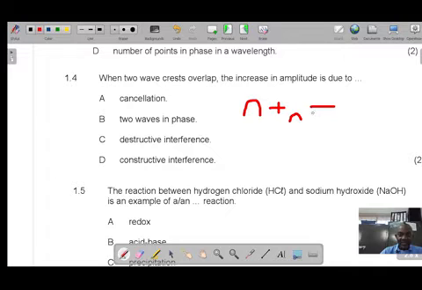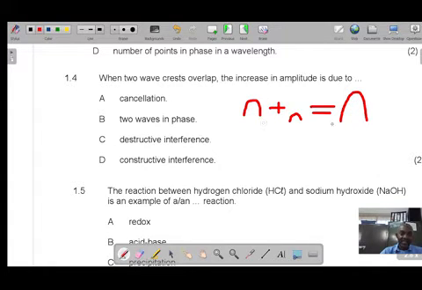Now from the principle of superposition, we see that the amplitude for this first pulse and this one here, when we add them, they give us the resultant pulse amplitude.